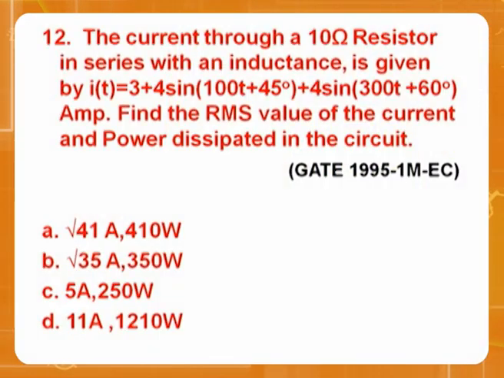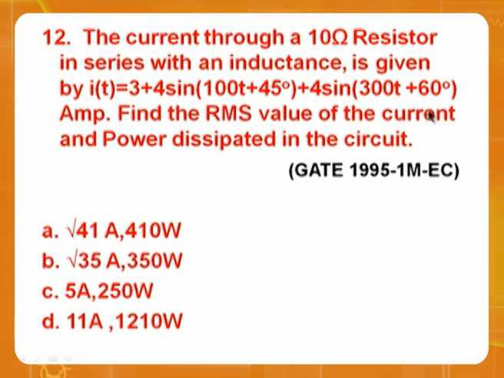Problem 12. Current through a 10 ohm resistor in series with an inductance is given by i(t) equals 3 plus 4 sine(100t plus 45) plus 4 sine(300t plus 60) amperes.